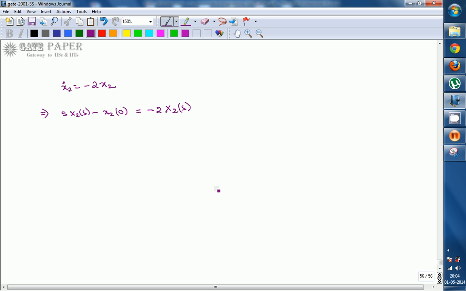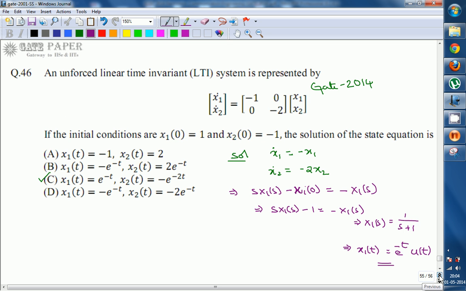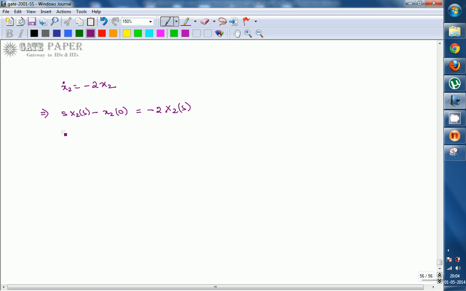So here given the initial condition x2 of 0 equals minus 1. So by substituting that value here, we will get s into X2 of s plus 1 equals minus 2 X2 of s. So we will get that X2 of s equals minus 1 by s plus 2.